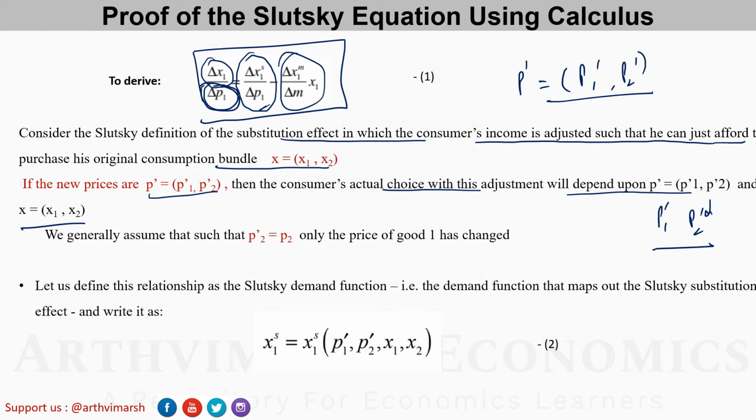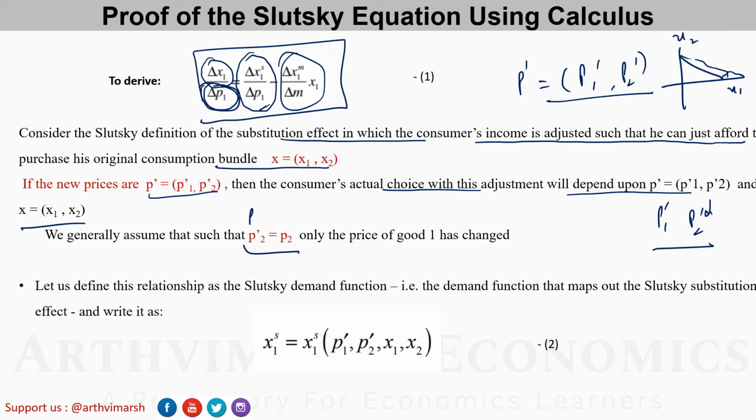So for any price change, the actual choice with the adjustment will depend upon how the prices are changing and what the consumption bundle is. We generally assume that the price of the second good remains constant. Only one commodity's price change is considered: for x1 we have been considering how the price change would result in a change in demand. So here also let us assume that the price of good 2 remains constant.